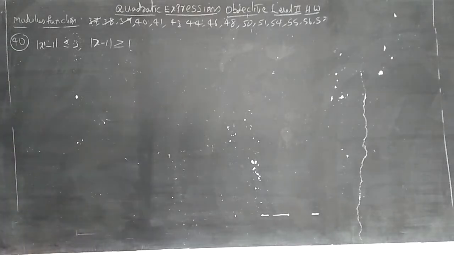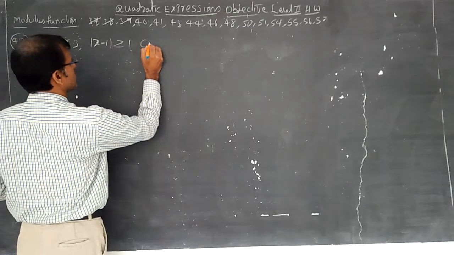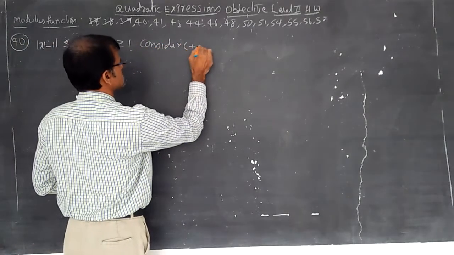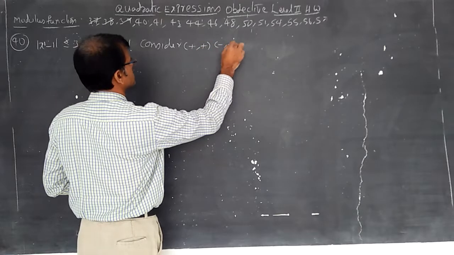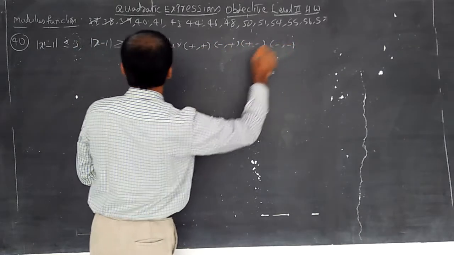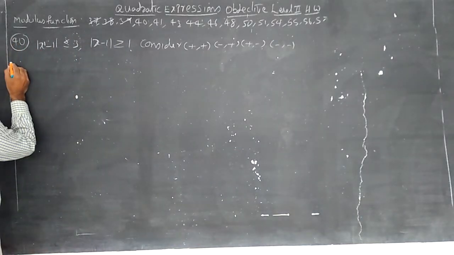It depends upon the two inequalities. You should consider plus plus, plus minus, minus plus and minus minus. It fully depends upon all these concepts. You get the value. Case 1.